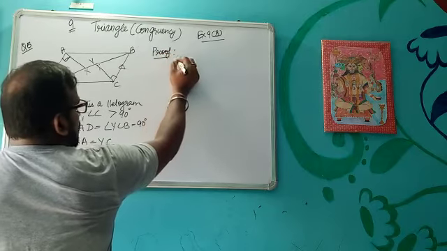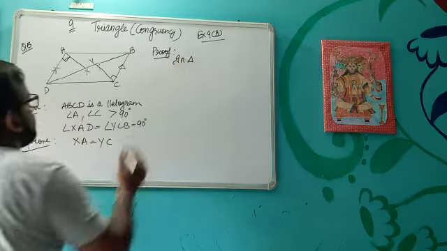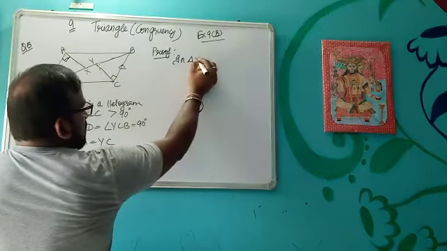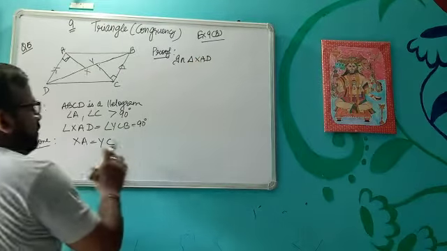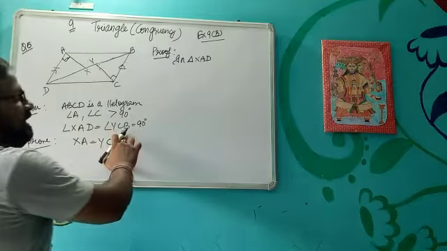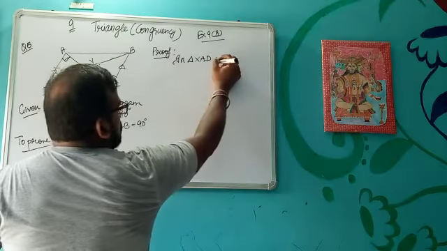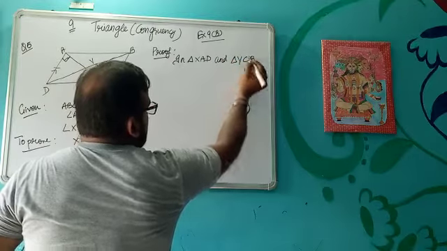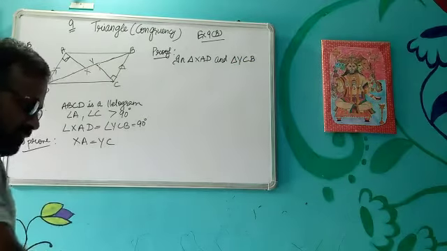We will take two triangles. In triangle XAD and corresponding to XAD, which angle is 90 degrees, YCB. So these two triangles we will take.